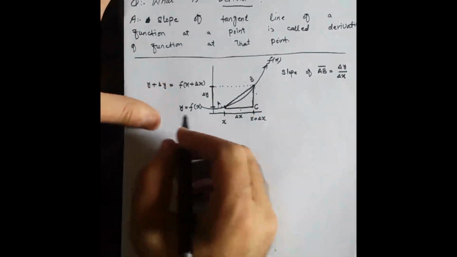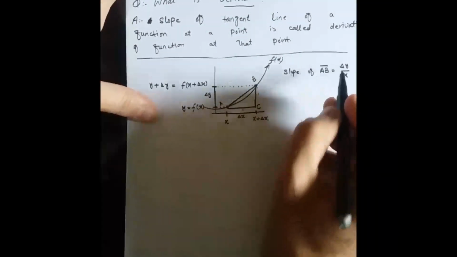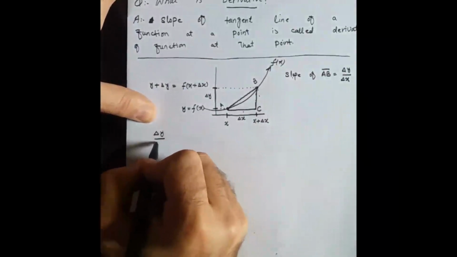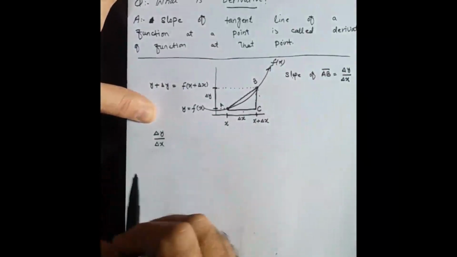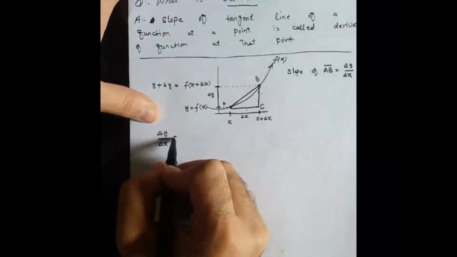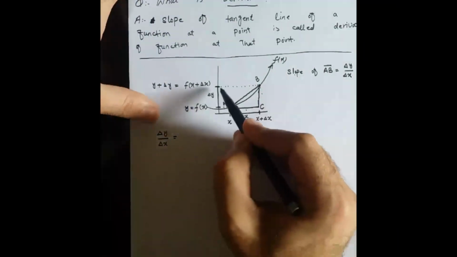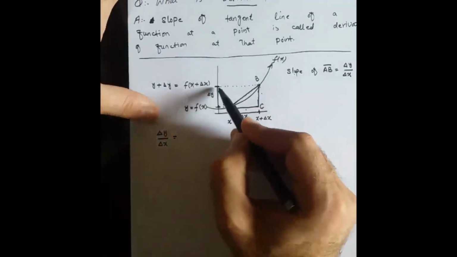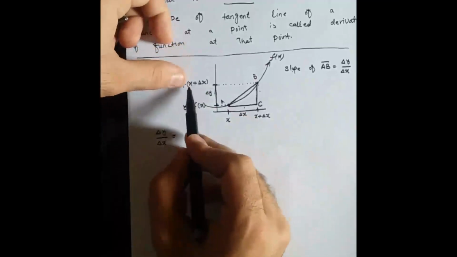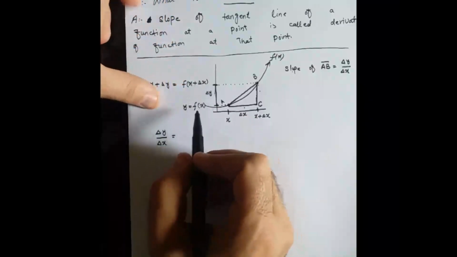Now we find the slope of AB, which is equal to delta y over delta x, the slope of secant line AB. By the distance formula, this delta y is this point minus this point.